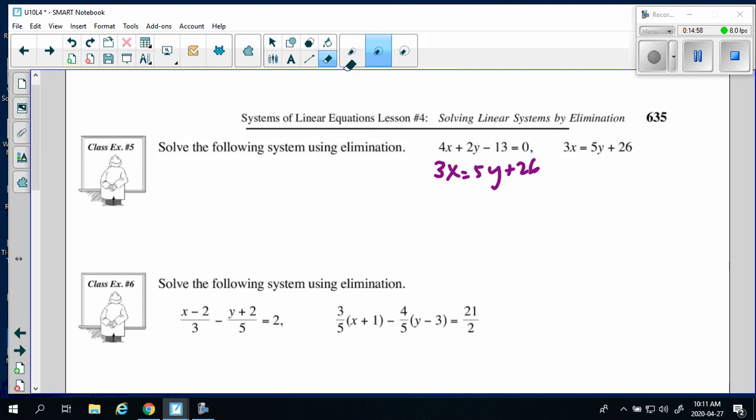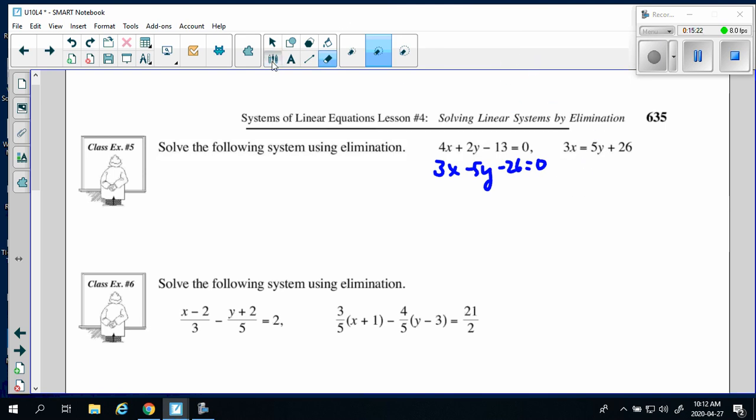It doesn't work. But there's a quick fix. All you just got to do is make sure to rearrange one of them so it looks like the other. So I guess I'll just rearrange this one. I'm going to set it equal to 0. So 3x, I'll put it over here, 3x minus 5y minus 26 is equal to 0. So we can do it that way.